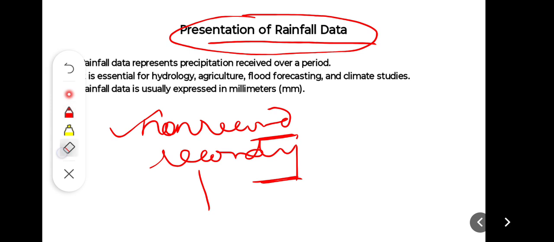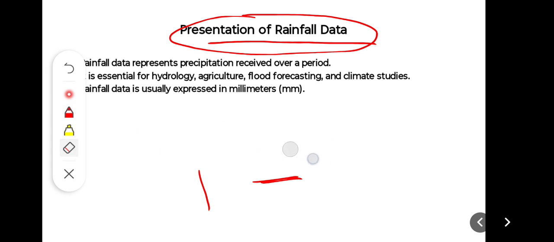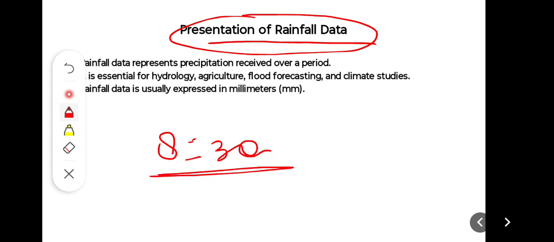Okay. So in non-recording rain gauge, as I told you, every day at 8:30 a.m., the officer or the duty person collects or notes the reading of that bucket which is installed there to measure rainfall, means rain from the rain gauge.